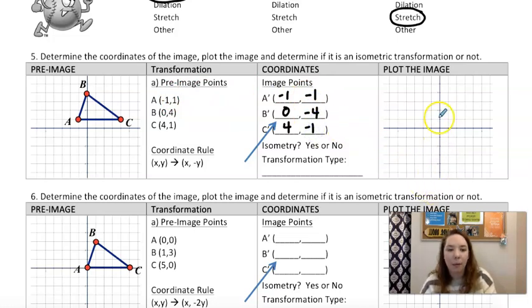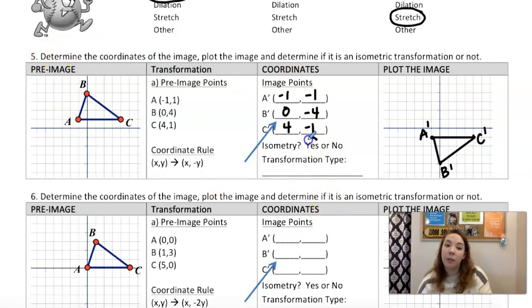So I'm going to go ahead and plot it. And we're going to decide if it's isometric or not. All right, and I should label these. So one, A prime, B prime, and C prime.